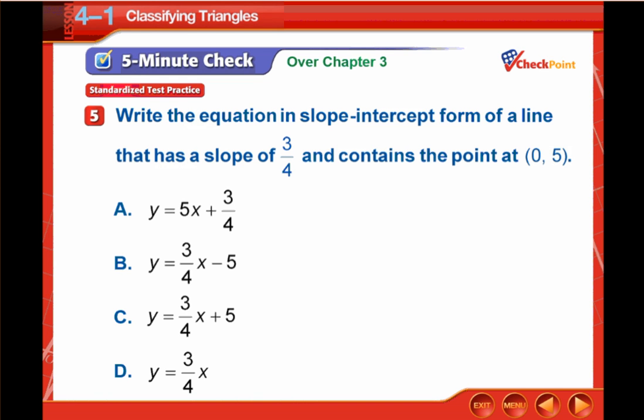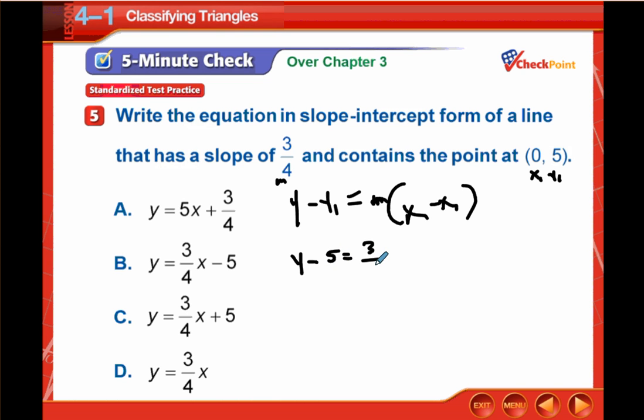All right, so in our last chapter we learned this point-slope formula, which says that we can write the equation as y minus y1 equals m times x minus x1. Sorry, this looks really messy. If we let this be our x1 and this be our y1, and then this is our slope, which is m, then we can write the equation as y minus 5 equals 3/4 times x minus 0.